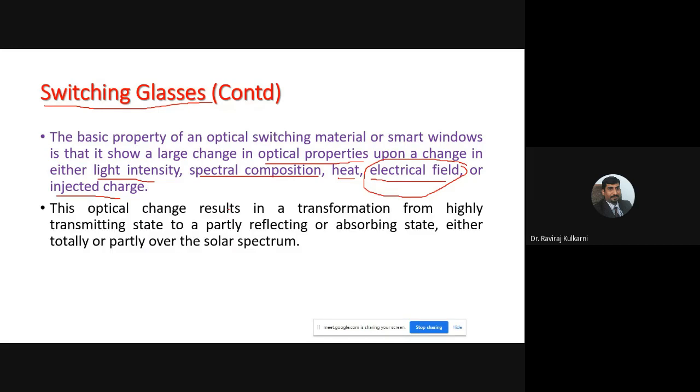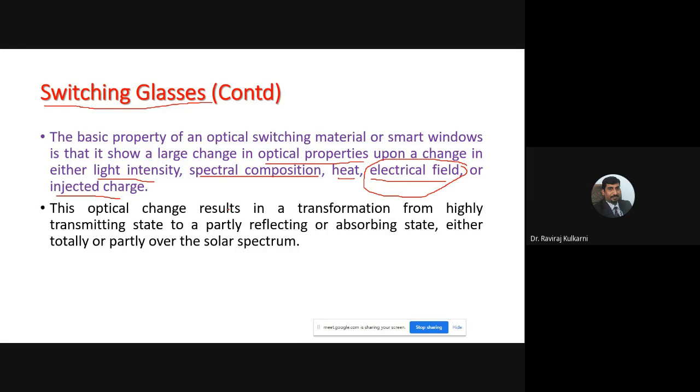This optical change results in the transformation from a highly transmitting state to a partly reflecting or absorbing state, either totally or partly over the solar spectrum. Sometimes you want light and you don't want the heat. At that time, it has to reflect only the thermal radiation, infrared light, not the visible light.